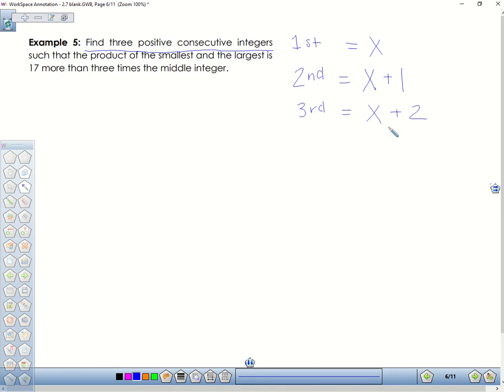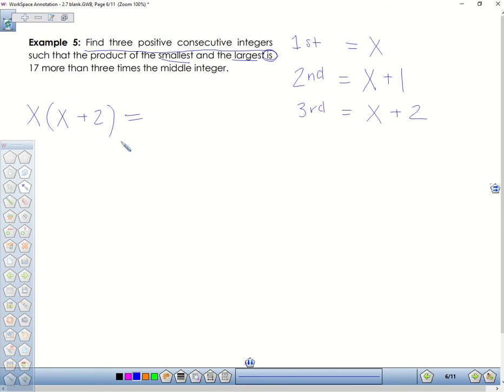Okay. Now from here, let's go ahead and set up the rest of the problem. It says such that the product of the smallest and the largest, so that's the first and the third. The product means multiplication. I multiply the first and the third because that's the smallest and the largest. Is, when we see that word in math, that means if something is something, it's equal to that, right?